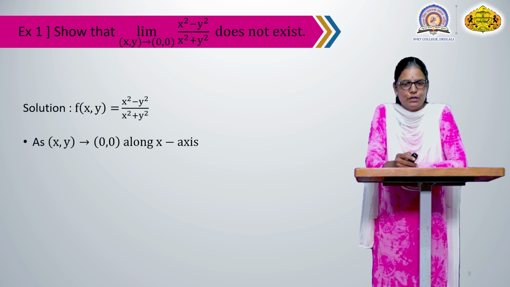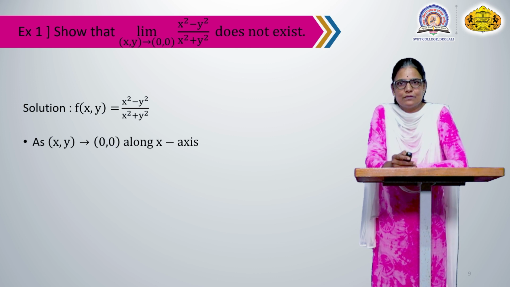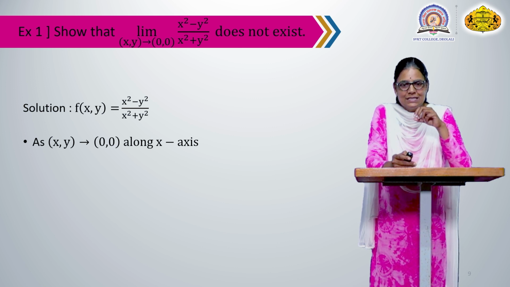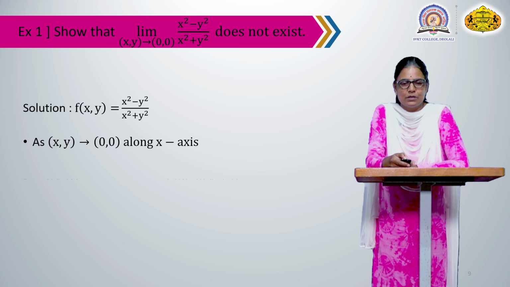So this is our function f(x, y) = (x² − y²)/(x² + y²). As (x, y) approaches (0, 0) along the x-axis, that is the y = 0 line, we know that the equation of the x-axis is y = 0. So to find the limit of the function along the x-axis, first we put y = 0 in the functional value.